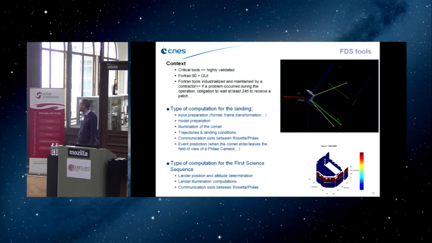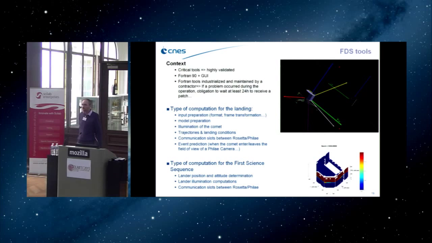One very important task was to determine the lander position and attitude. It was quite a lot of stress because we are supposed to produce this result 6 hours after the landing. So it was a collaborative work with scientists from the instruments and so on. Actually, we failed to do it because of the rebound. We didn't receive pictures of the landing site.